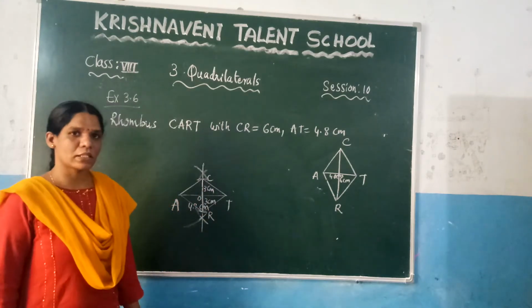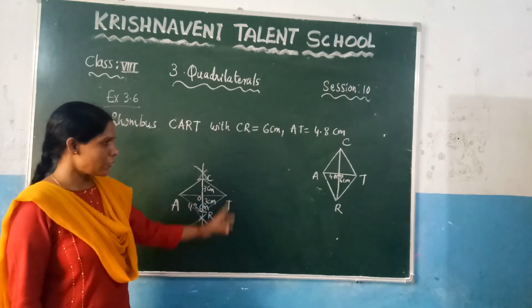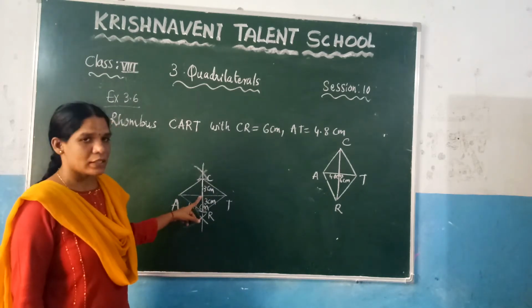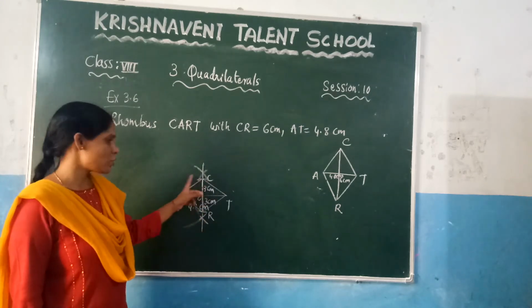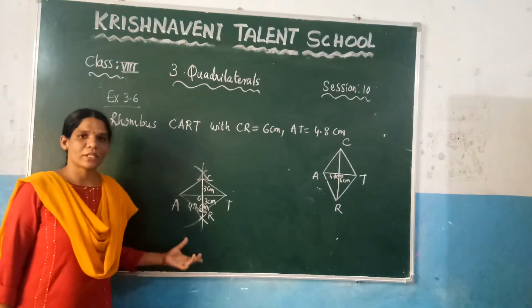Like that you need to construct the rhombus. So how to construct the rhombus? Just you need to draw the perpendicular bisector. After that check the diagonal length and make it half, and at the intersection point, draw two arcs and join those lengths, so that you will get the rhombus. Now for this you can write the steps.